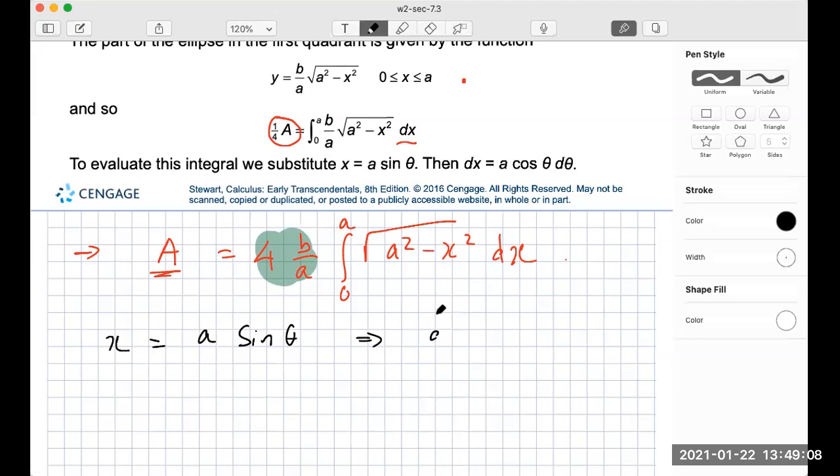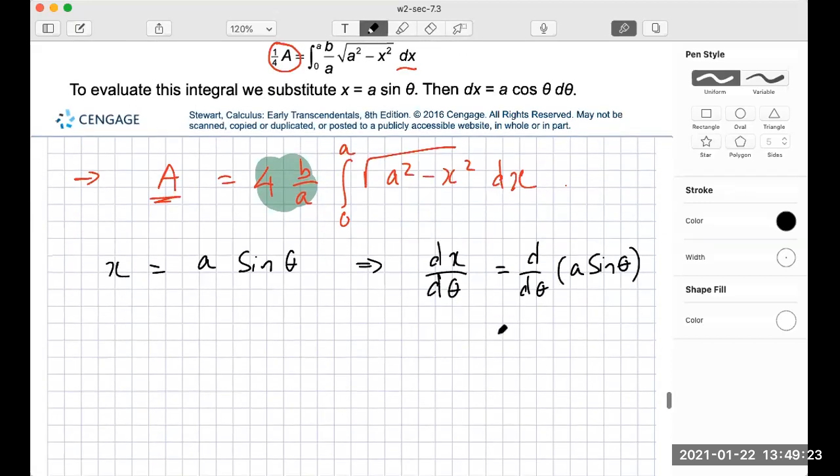From this relation, if we take derivative with respect to theta, both sides, and the right-hand side here, what is it?